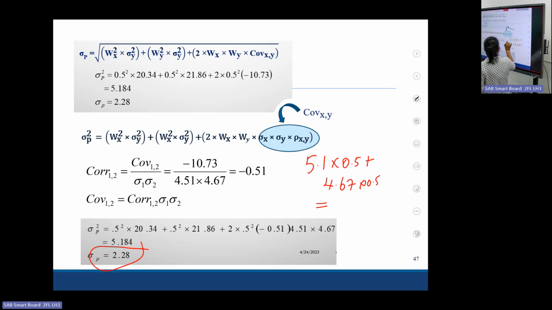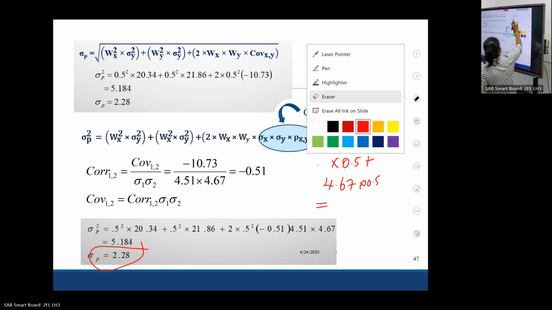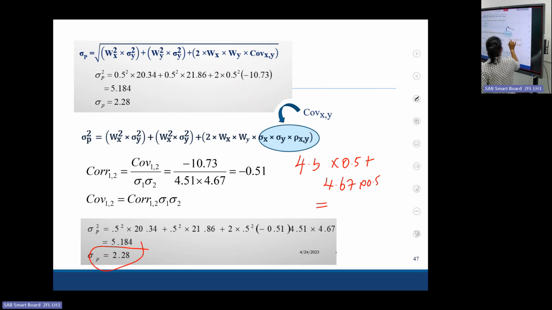The weighted average standard deviation value is 4.51. This is 4.51.